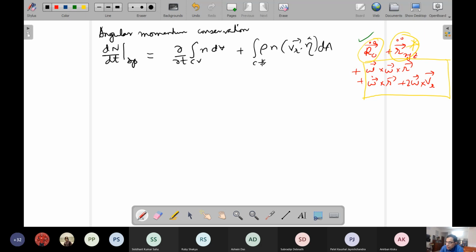So remember, this capital N is nothing but the total property. So we can write that for angular momentum, the expression for N is basically r cross mv if it were just a single particle. Again, in junior school, we call it mvr.